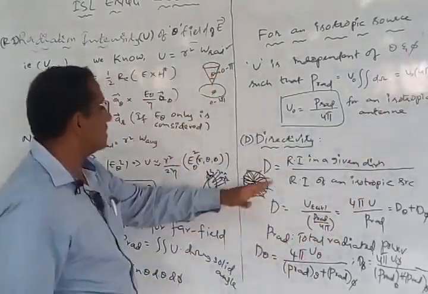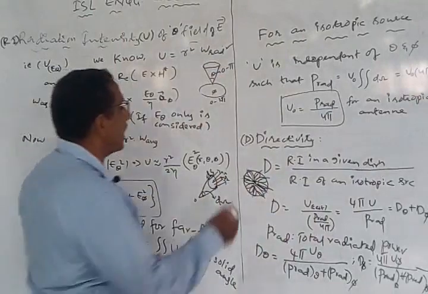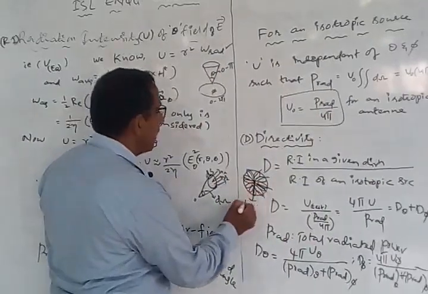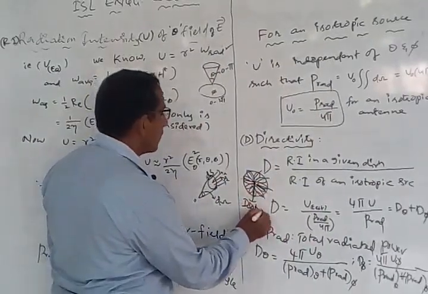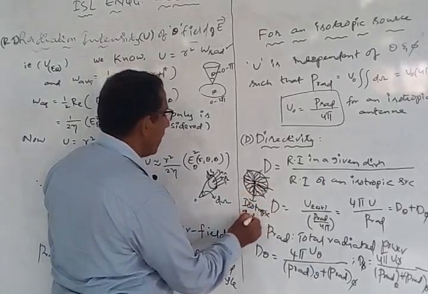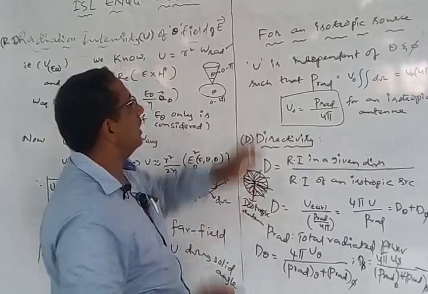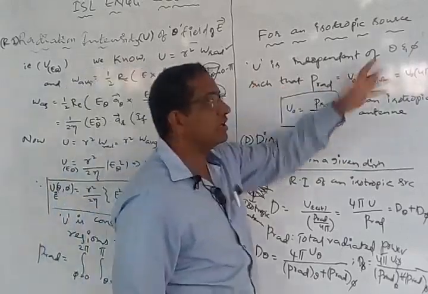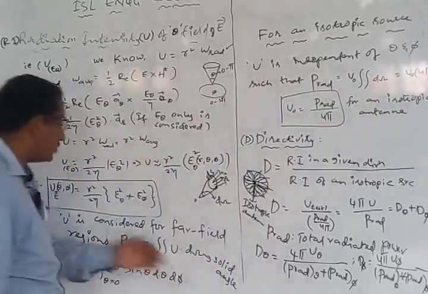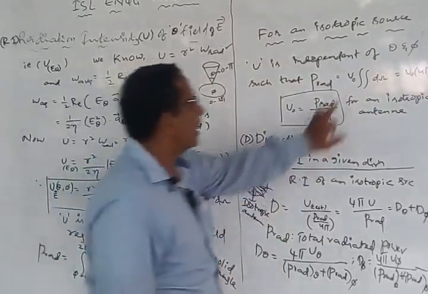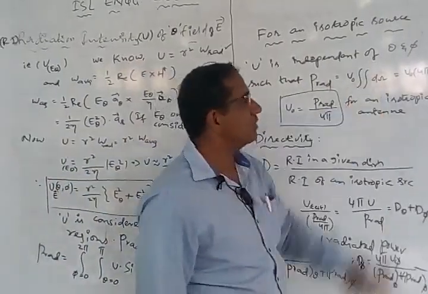Since the radiation is along all the directions for an isotropic antenna, the radiation intensity becomes independent of theta and phi. So I will take u outside of this integral. Now I am writing outside the double integration of d omega.